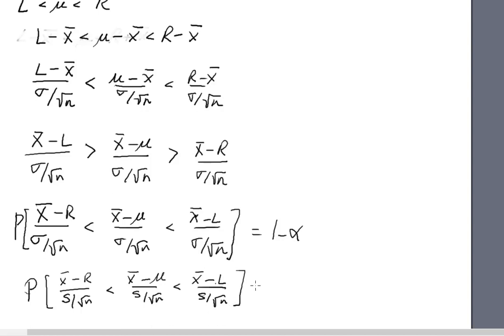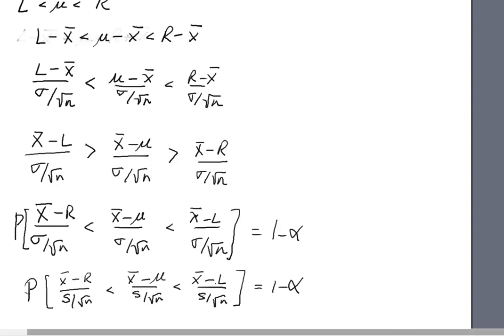So we were so close to having exactly what we needed, a right hand and a left hand endpoint for this confidence interval, but now we've pushed back a little bit, because instead of having a z here in the middle, if I know the distribution, I can calculate any probability. I've told you that a lot of times, and some of you even believe it. But now I've got not a z anymore, but an x bar minus mu over s over the root n.